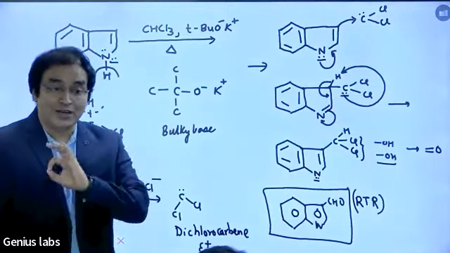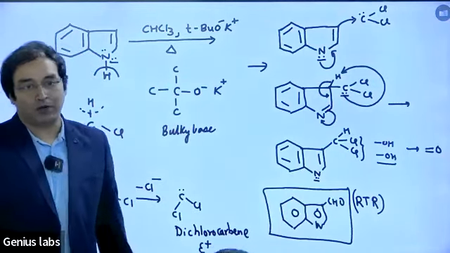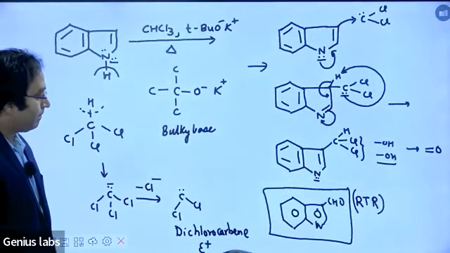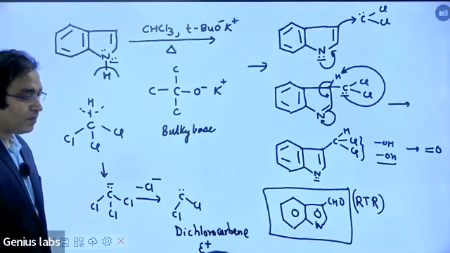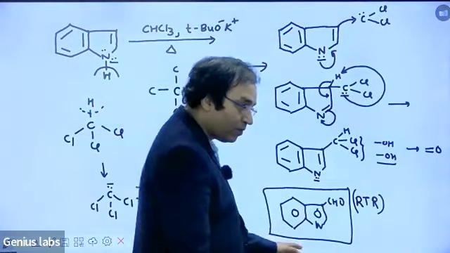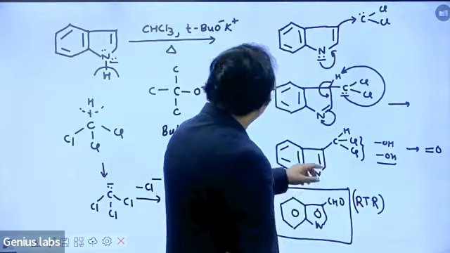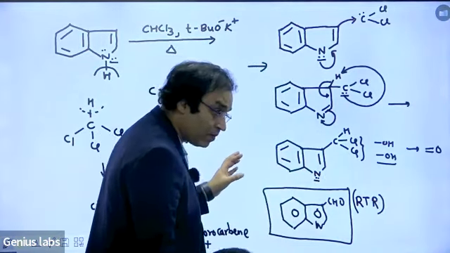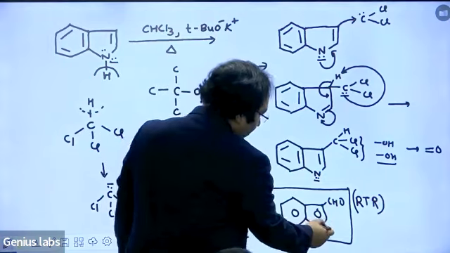Now I will show something different, which is called the abnormal Reimer-Tiemann reaction. Nitrogen is charged. Yes, you see, eventually the base has taken H. The N will have H, right?